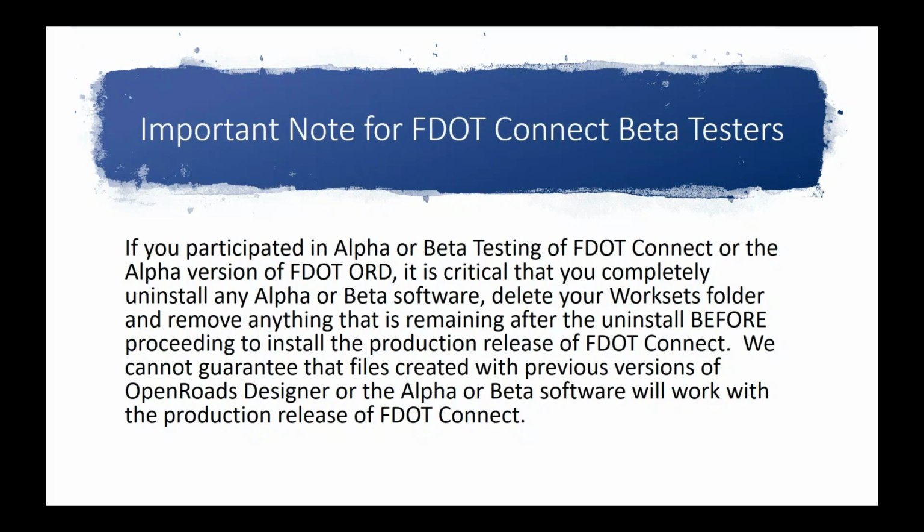This is really important. I was doing some troubleshooting last week or so, and we had some problems with the workspace. I was trying to figure out what was going on, and I looked in their list of installed programs, and sure enough, they still had the alpha software installed. That causes problems. You're going to want to uninstall any alpha or beta software that you may have been testing before installing the production release of FDOT Connect.